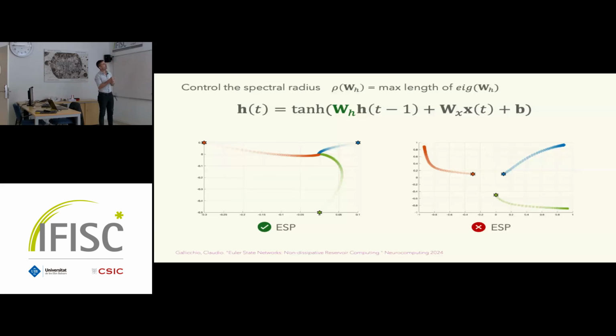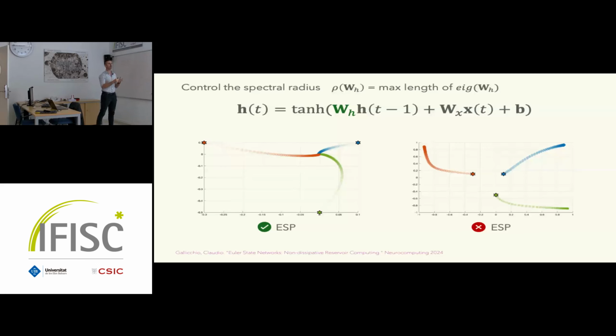So what we do, we control the magnitude, or let's say the length, of the eigenvalues of this matrix. And in particular, we control the largest eigenvalue of this matrix, which is the spectral radius of this matrix.